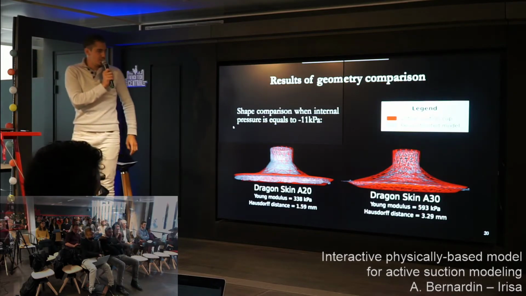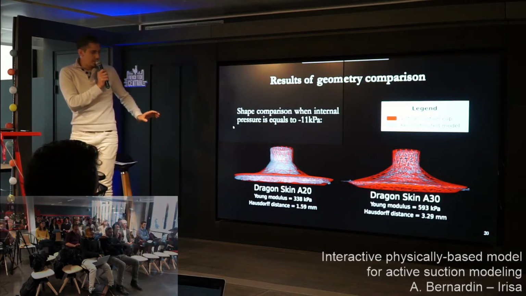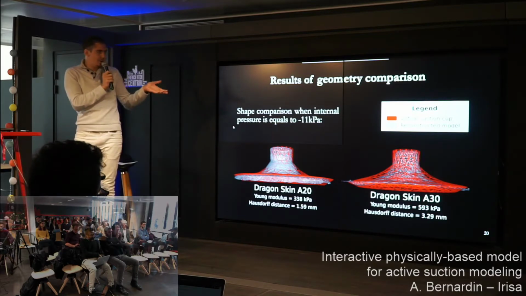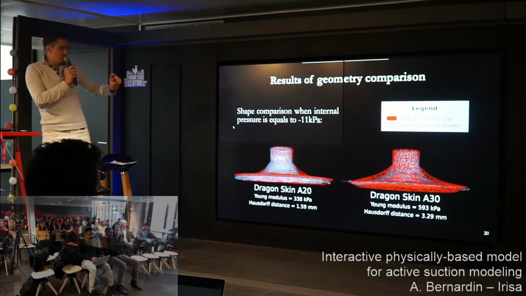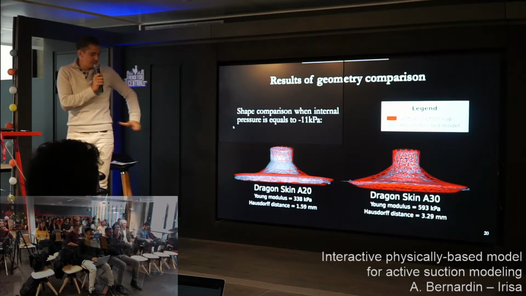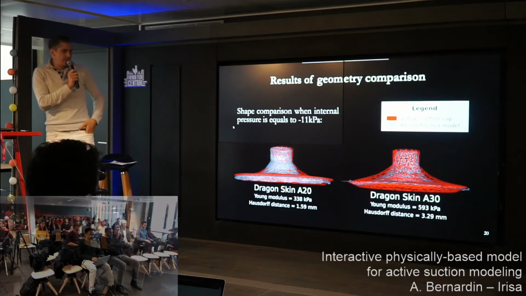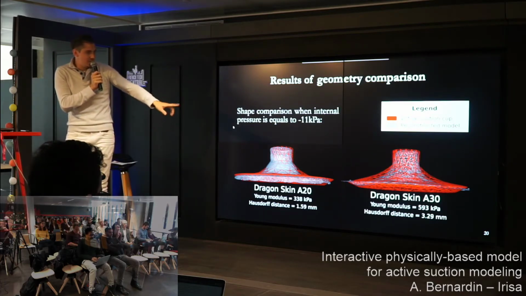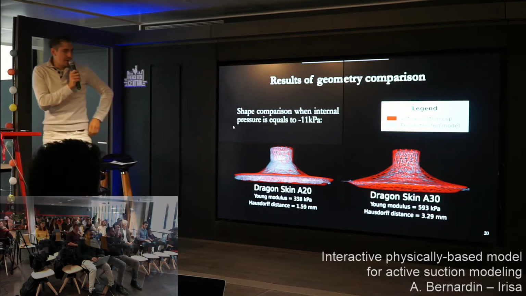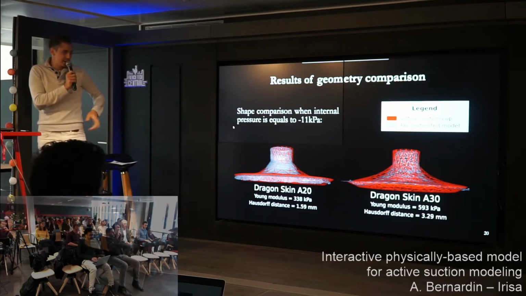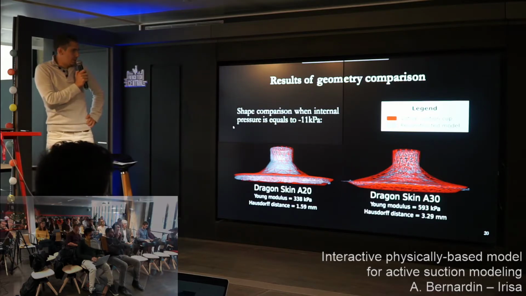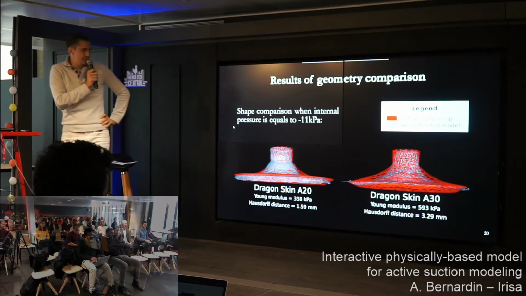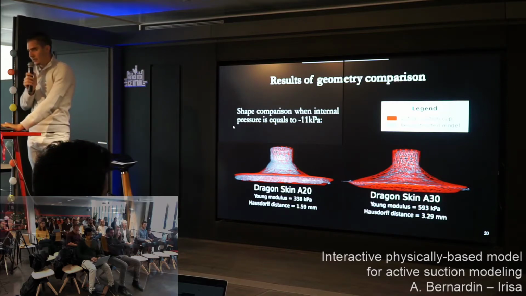And we were able to compare the reconstructed real suction cup with the virtual, simulated suction cup. We compared using a metric called the Hausdorff distance, and as we can see in these two images, we reach an average of, let's say, 2.5 millimeters, which is quite okay, when the pressure is equal to -11 kilopascal.